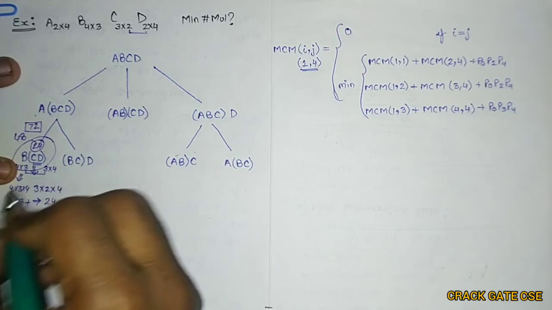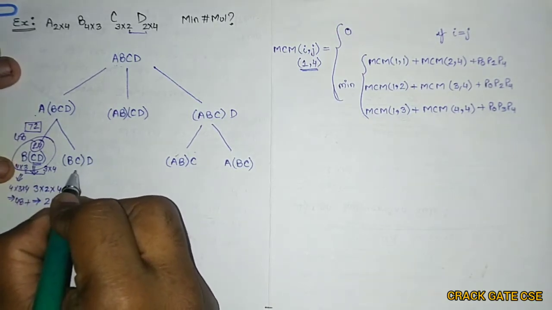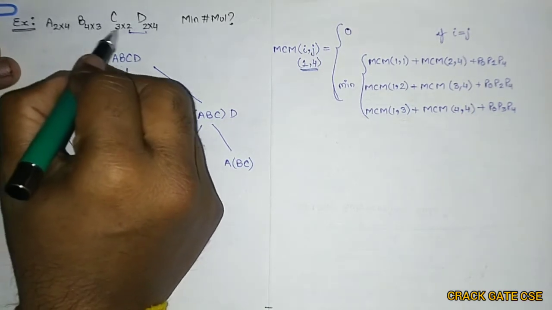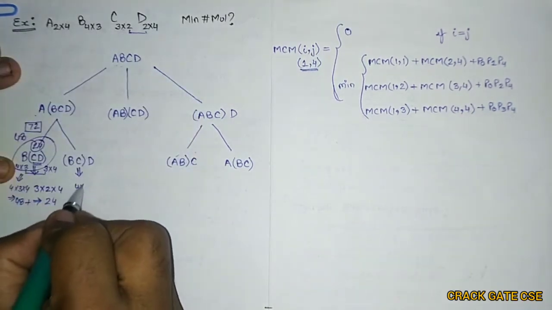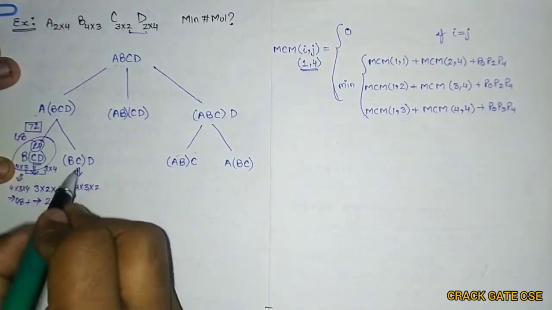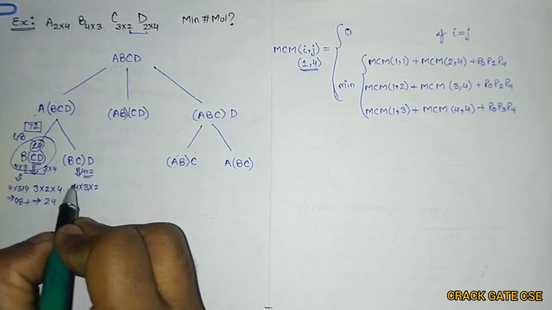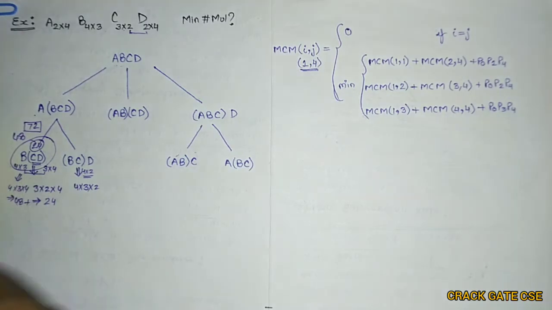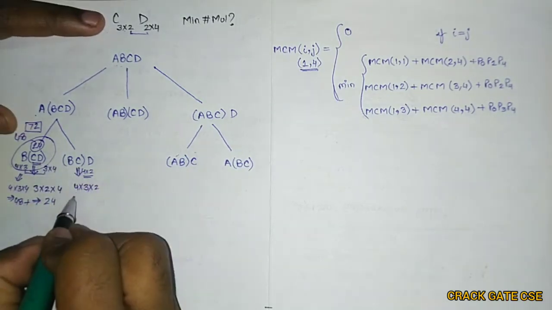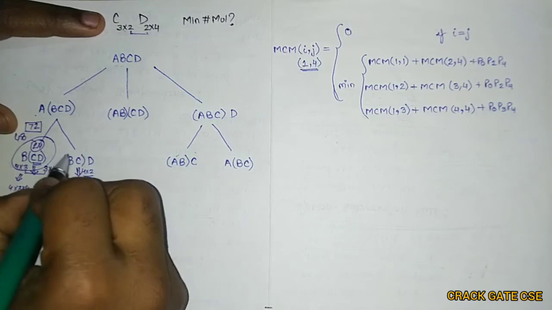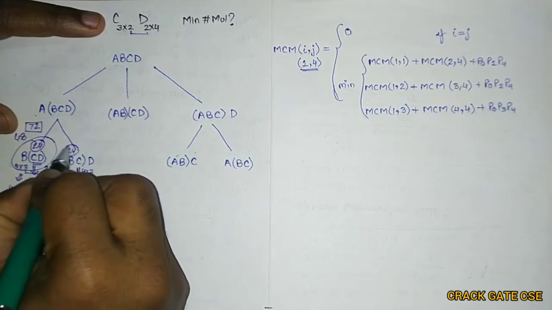Now check for this right hand side. Here, check for BC first. BC is 4 into 3 into 2, which is 24, and the dimension for BC will be 4 by 2, right? So for BC I am getting 24.